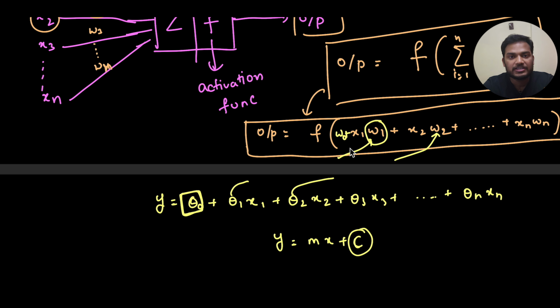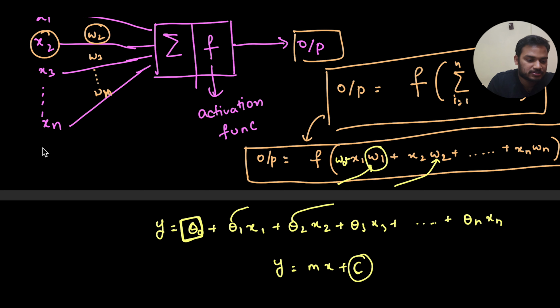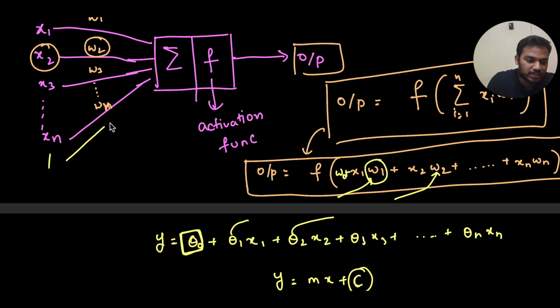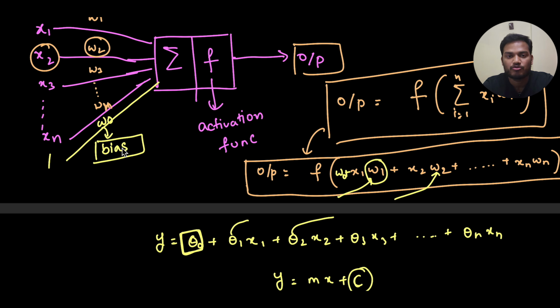It will provide us more information. That's why these scientists add a new weight for each and every neuron that we have, and that weight will be w naught, or it can also be called bias. Okay, so this extra w naught weight can also be called bias in the case of a perceptron or in the case of neurons. Okay, please remember this.